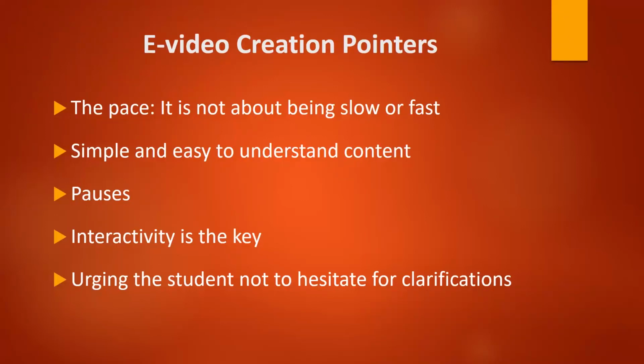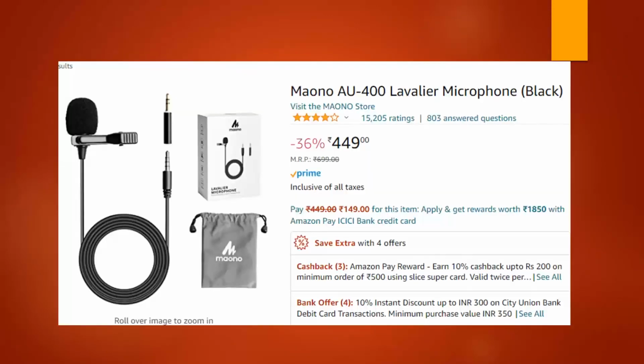Now I am going to show you some basic tools or basic equipment which you require in order to make a good quality e-content video. Now this is a small clip microphone, and this will enhance your audio quality, which is very important. The audio quality of the cell phone is not that good.